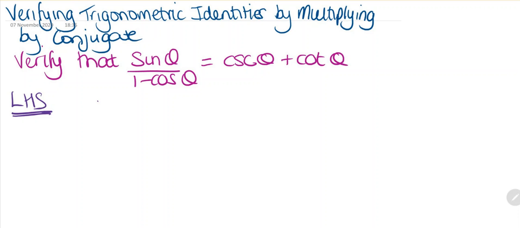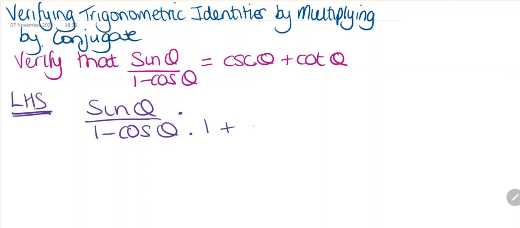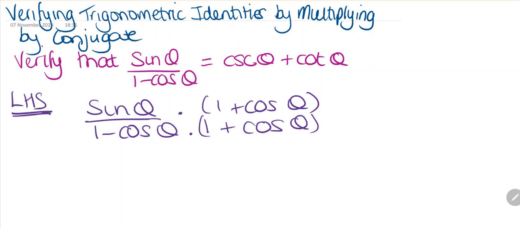Well, if we multiply by the conjugate of the denominator, we're going to multiply by 1 plus cosine theta.